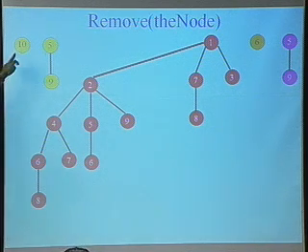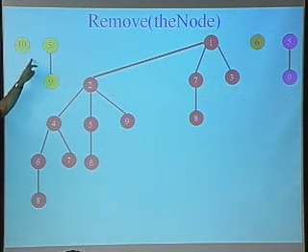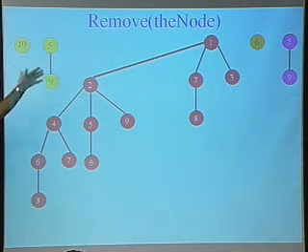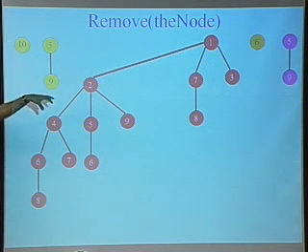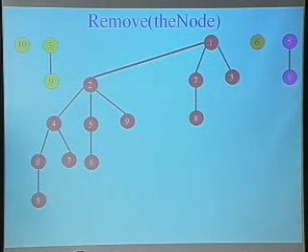I have to change the parent fields in these nodes. These were previously pointing to the 4. So the parent fields have to be changed to null to indicate these are now top level nodes, they're roots. The time required to change those parent fields will depend upon the degree of the 4. How many subtrees did it have? When you do the analysis, we'll see that the number of subtrees is still log n, though the base is different.